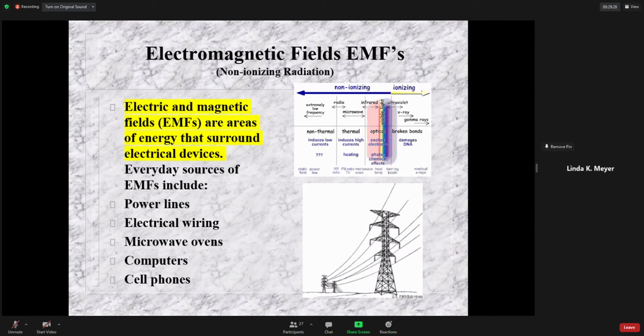For example, there have been some studies that show an association of living close to high voltage power lines and, for example, one cancer called leukemia. Again, I'm not telling you that these cause cancer. There's just been some studies that show this association, a correlation.